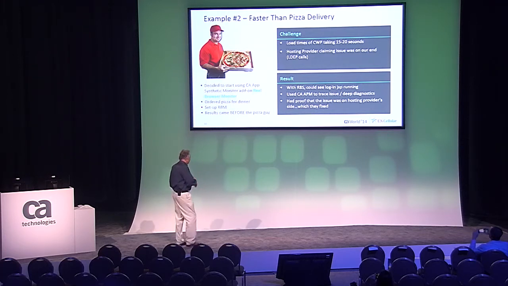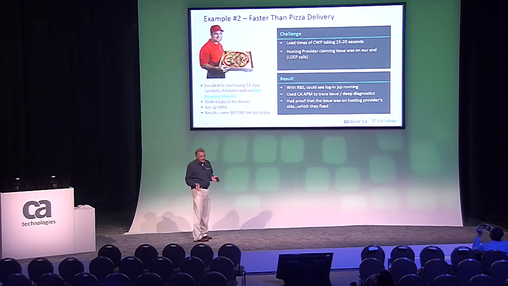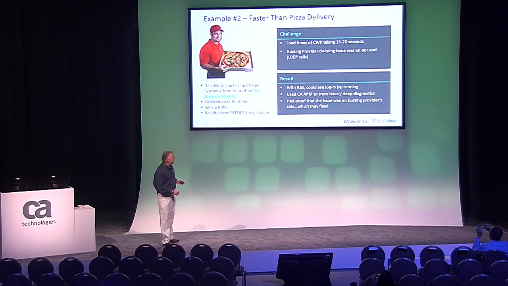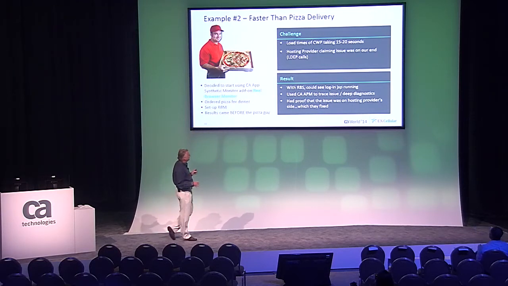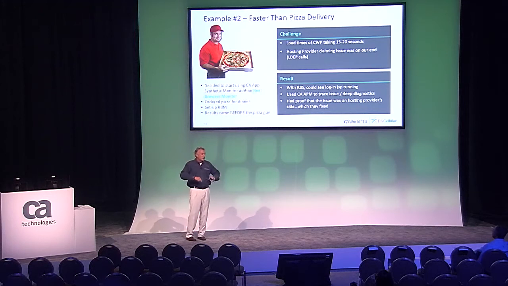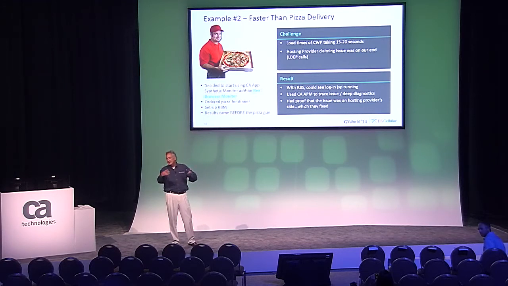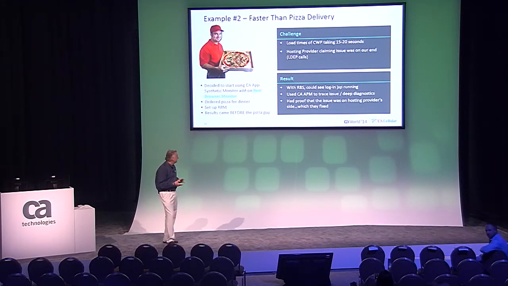But there's another feature within synthetic monitor called real browser monitoring, RBM. What RBM does is actually use a real browser to execute the transactions, measure the performance, and give you data associated with that. And I'll share some of that data in a second.